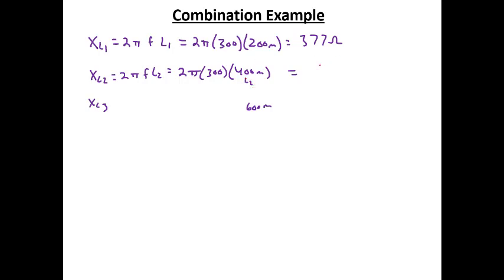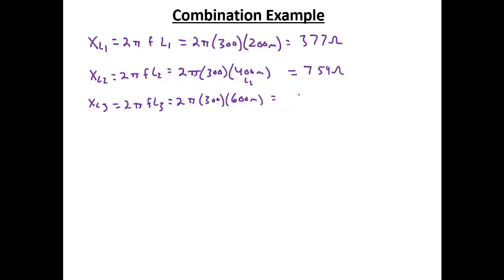If I do that, 2 times 3.14 times 300 times 400 milli, I get 780 ohms. And then let's do X sub L3, 2 times pi times F times L3. So I have 2 pi times 300 times 600 millihenries.